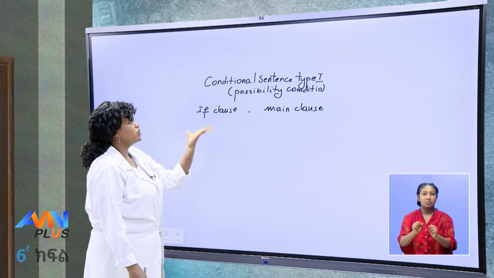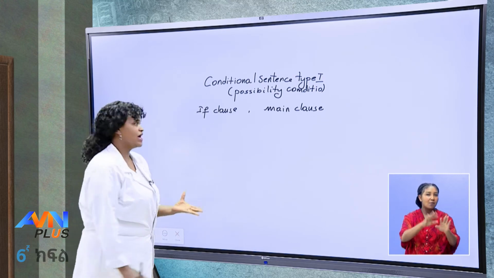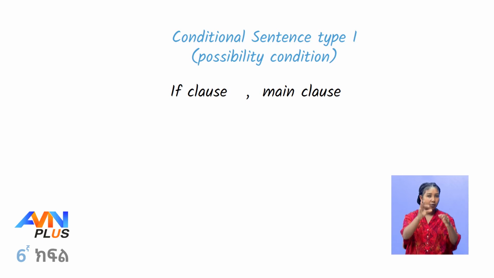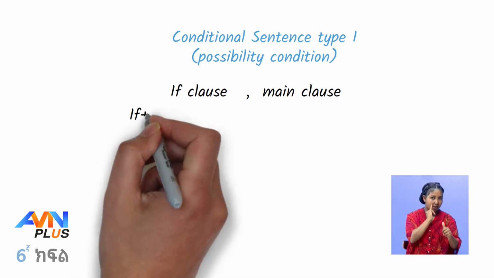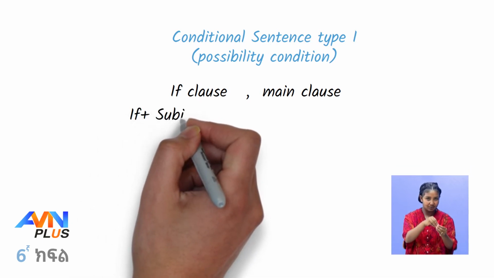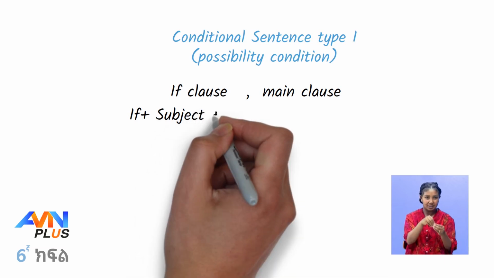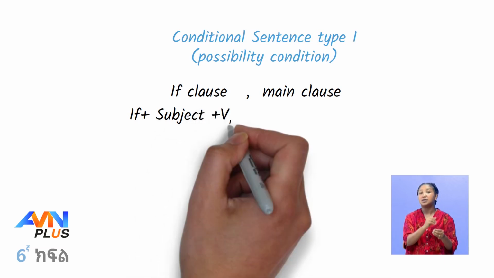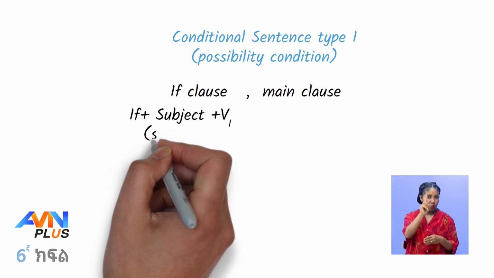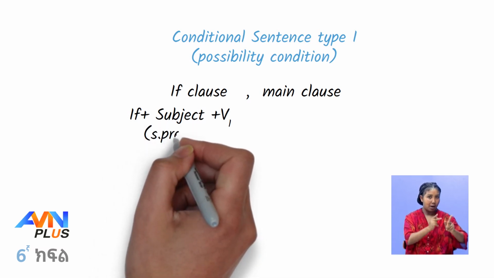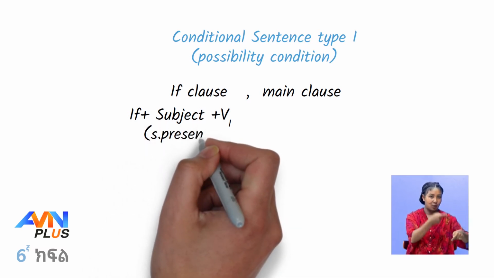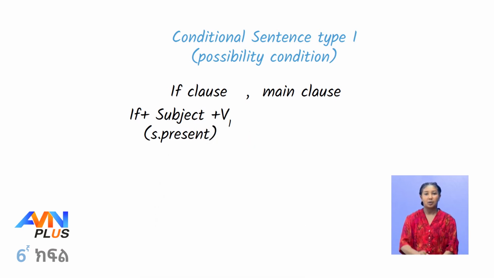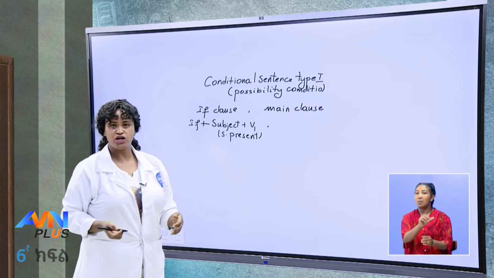And what was the form of the if clause? Say it with me. We have if, plus subject, plus verb 1. That's what we call simple present. How about the main clause? Say it with me.